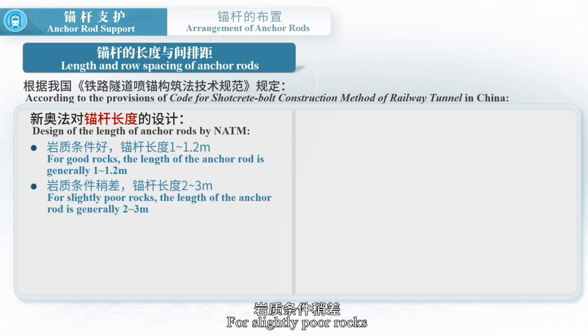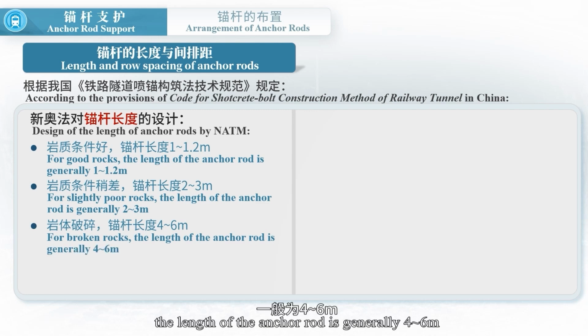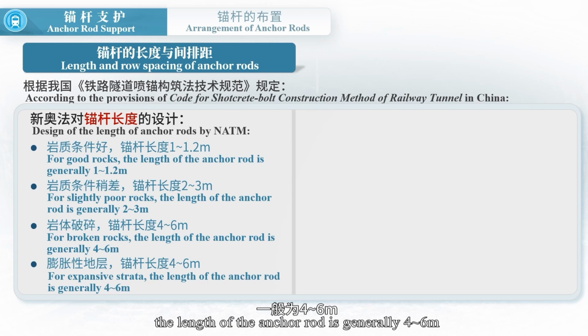For slightly poor rocks, the length of the anchor rod is generally 2.3 m. For broken rocks, the length of the anchor rod is generally 4.6 m. For expansive strata, the length of the anchor rod is generally 4.6 m.